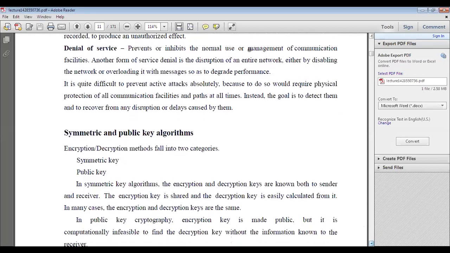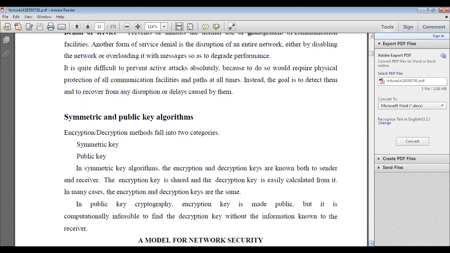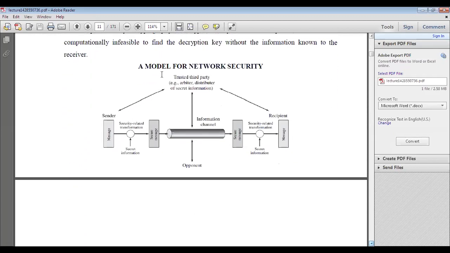Symmetric encryption means, look at this diagram, in the model of network security, the trusted third-party user generates the same key, and that key is sent to the sender as well as the receiver. That type of encryption is called symmetric encryption.